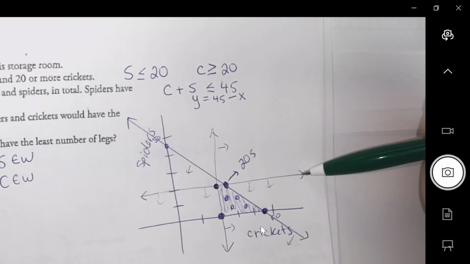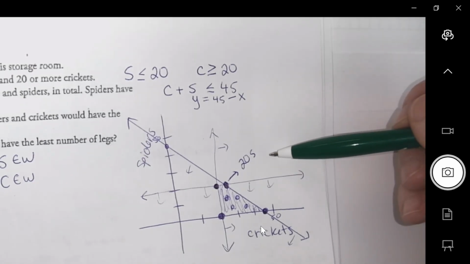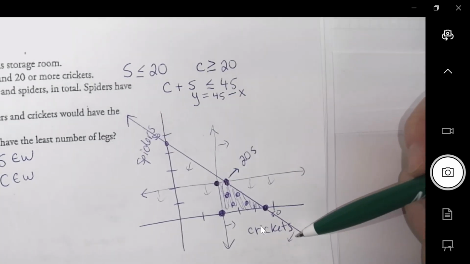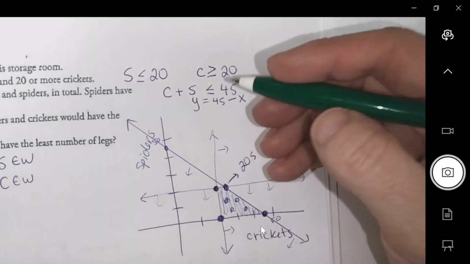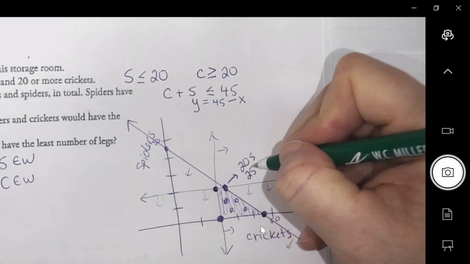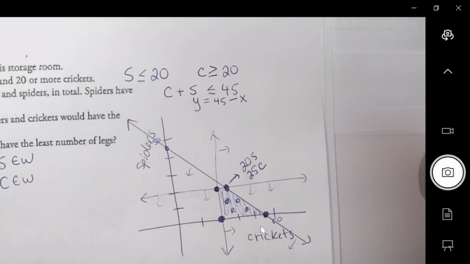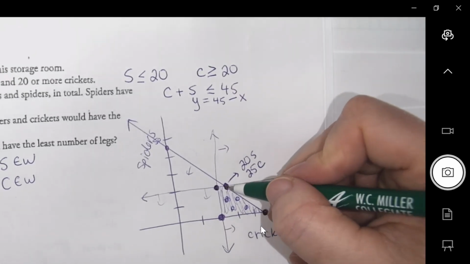So if there was 20 spiders, how many crickets would I need? Because they would total 45 on that line, the diagonal line. So that would be 25 crickets. So that's that coordinate.